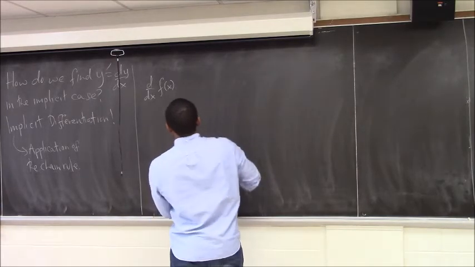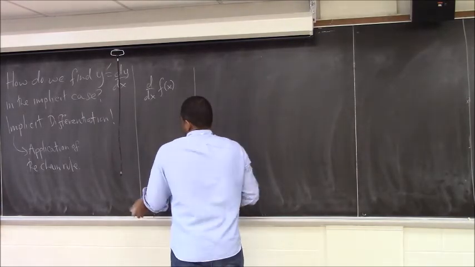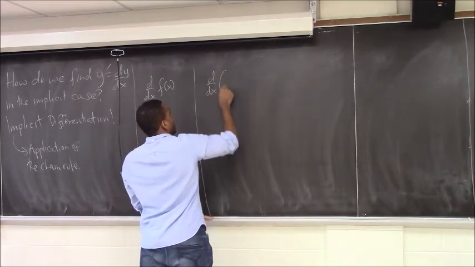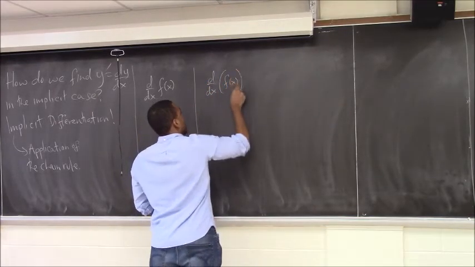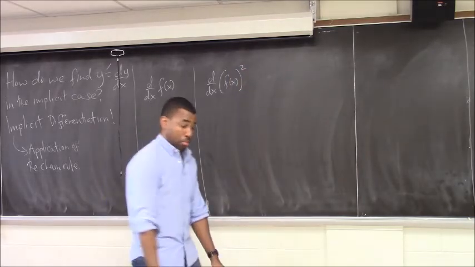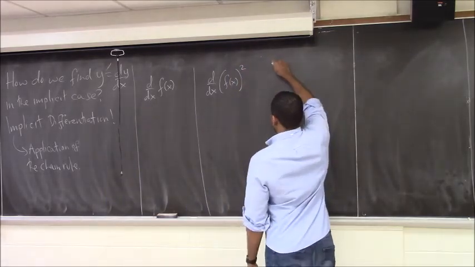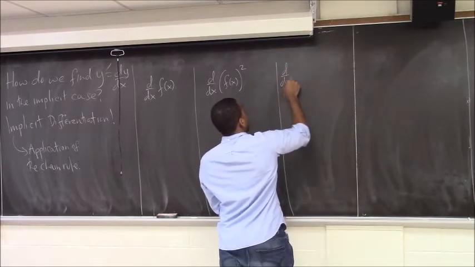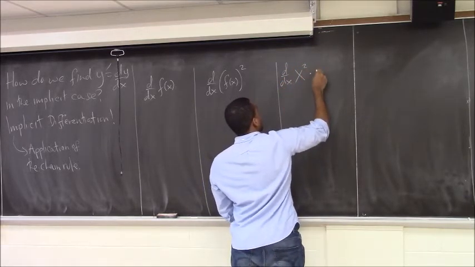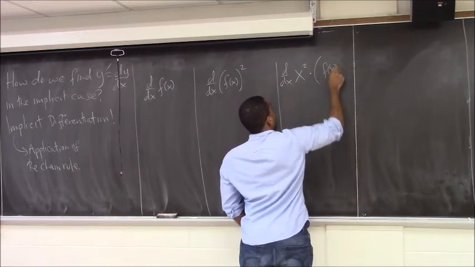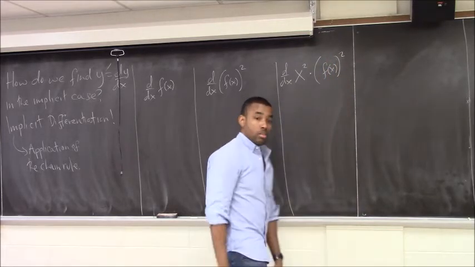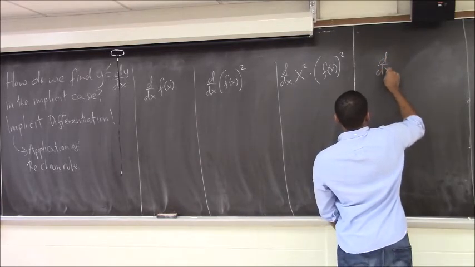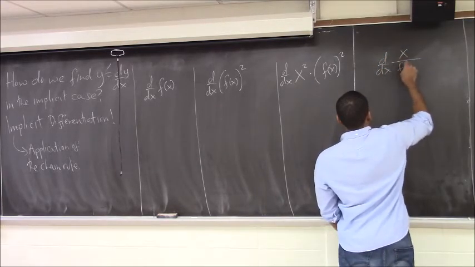You're laughing because, that's nothing. Okay, what if I make it a little bit more complicated? What if it was f of x, but now I squared it? Oh, now things are getting serious. Okay, what if it were the derivative of x squared times that function, whatever it is, squared? What if I ask you the derivative of x divided by f of x?